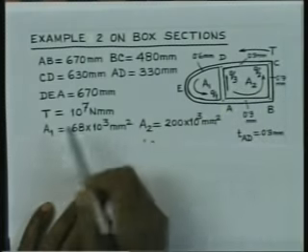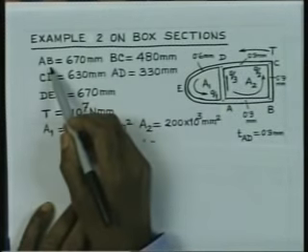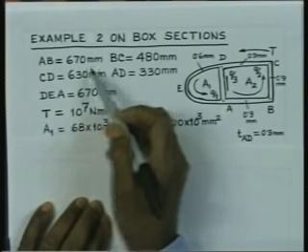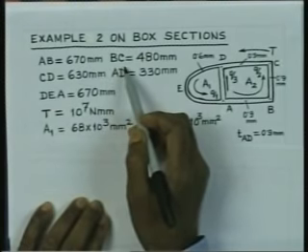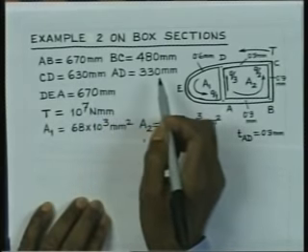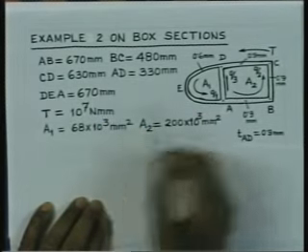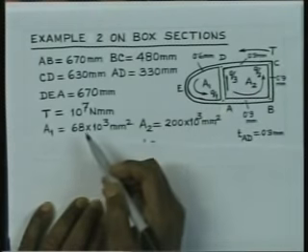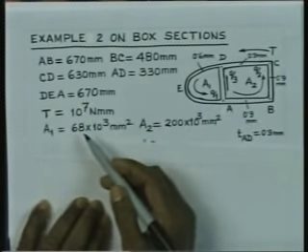The length of the portion AB is 670 millimeter, BC is 480 millimeter, CD is 630 millimeter, AD is 330 millimeter, and the length DEA is 670 millimeter.